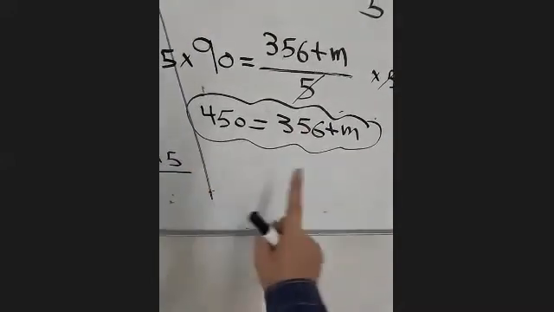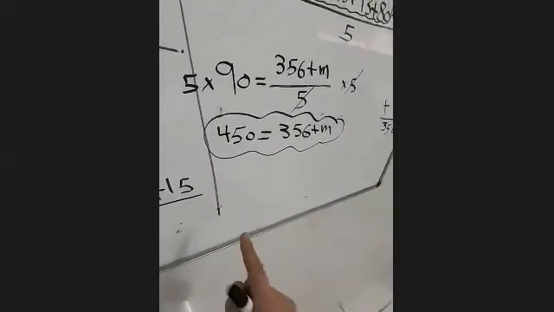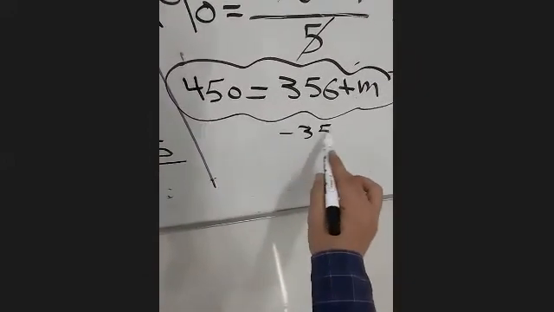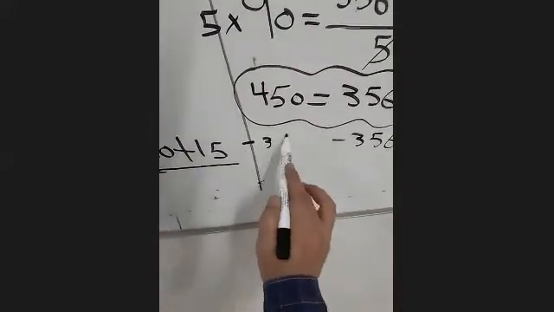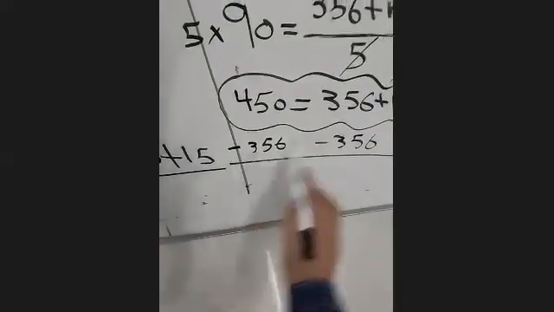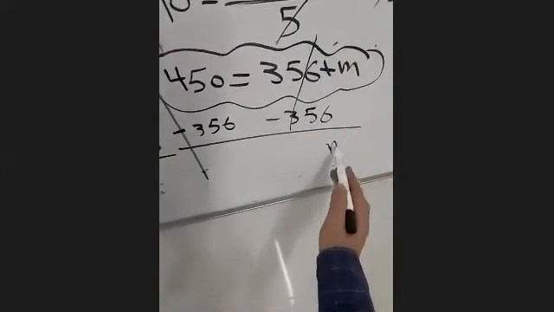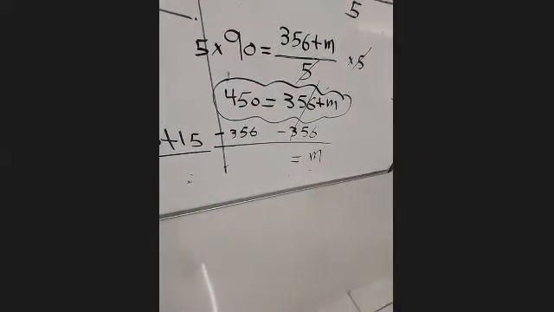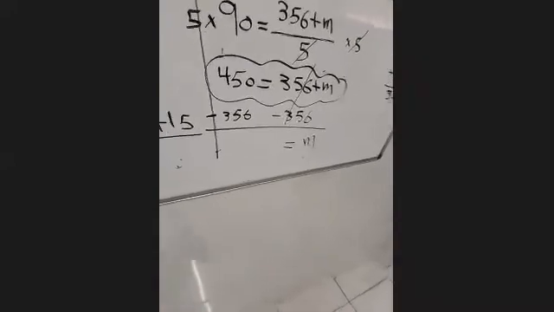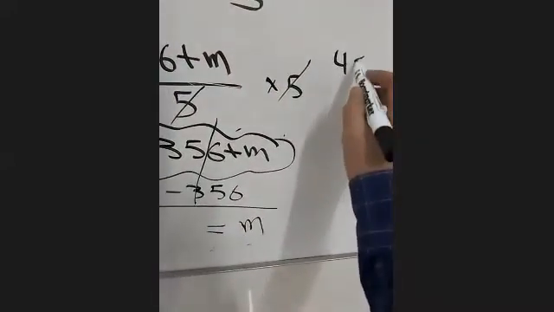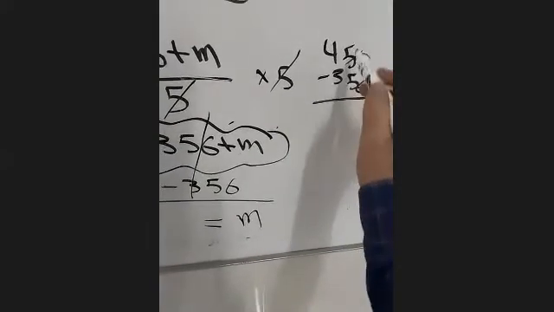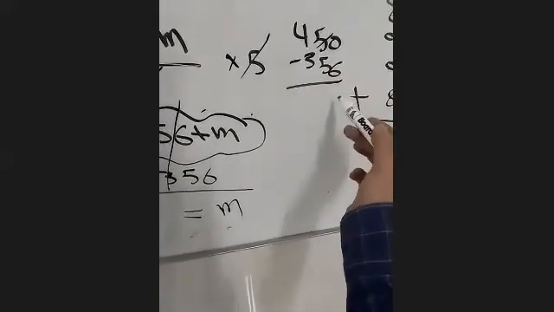So we subtract 356 from both sides. Here minus 356, and here minus 356. M is still what here? M. Here we subtract 450 minus 356, equal to 0 minus 6. It is not 6, huh?